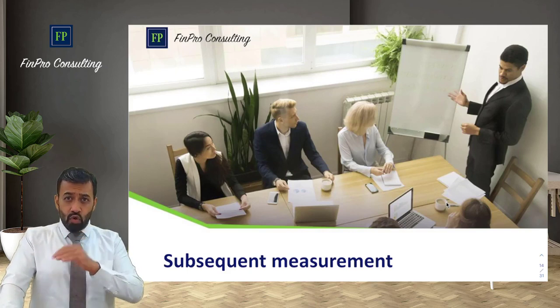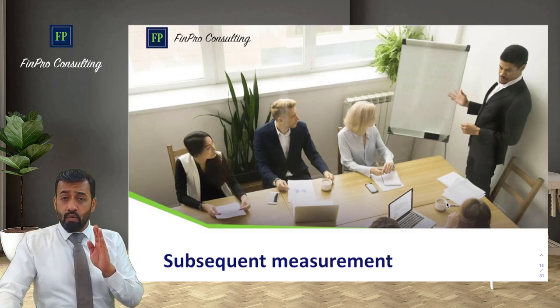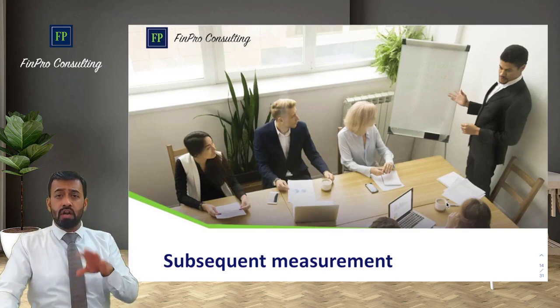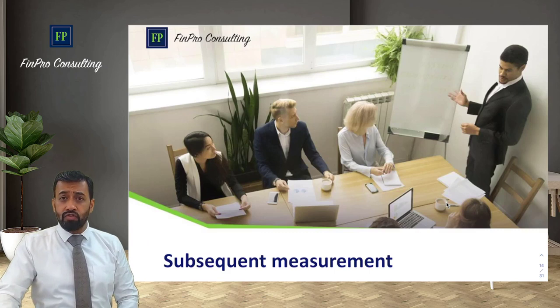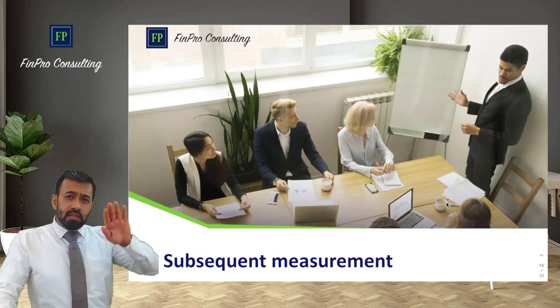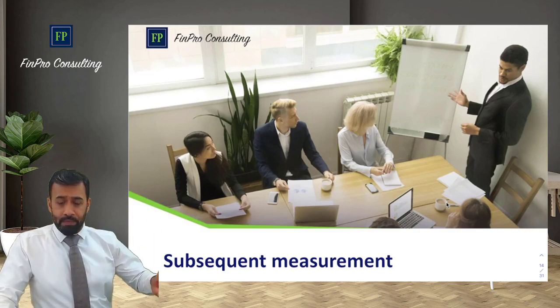But if NRV is lower than the cost, there will be a write down. There will be a charge to the profit and loss account. This is an exceptional item which requires a disclosure or a separate presentation in the statement of profit and loss. So this is about inventory. We are not going to speak separately about it because this is very simple.